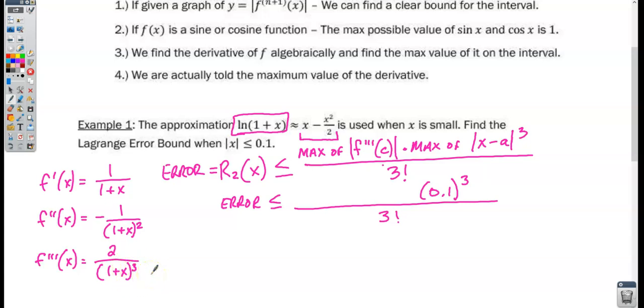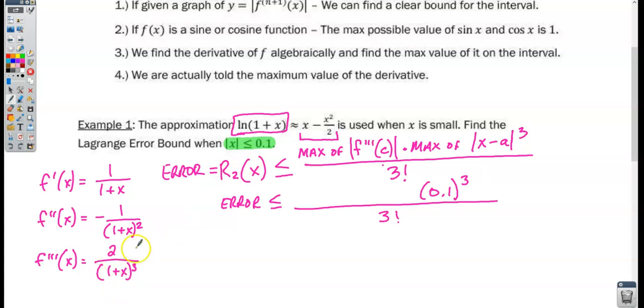All right, now we're finding the maximum value of this third derivative on this interval right here, the interval from negative 0.1 to 0.1. So imagine what happens when we substitute values of x into this denominator. When we have x equals 0.1, it would be 2 divided by 1.1 to the third power. If I put 0 in here, it would be 2 over 1 to the third power.